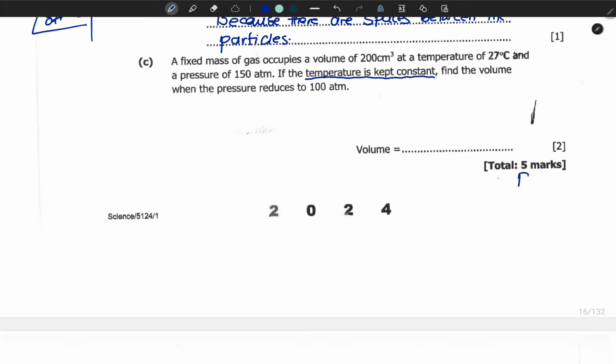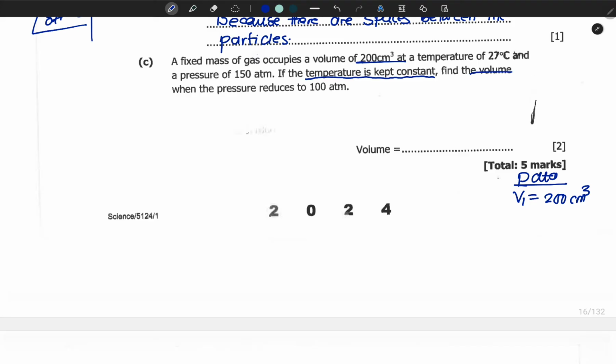Maybe let's try to collect the data. So I'm going to start with volume 1. So the first volume before the reduction, volume 1 was 200 cubic centimeters. Then find a new volume.